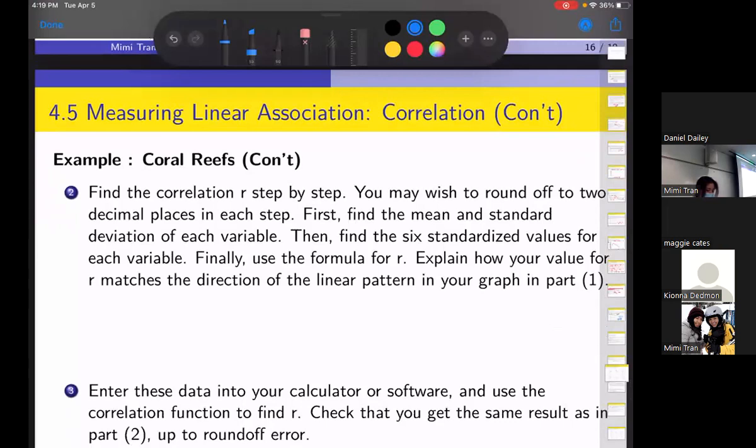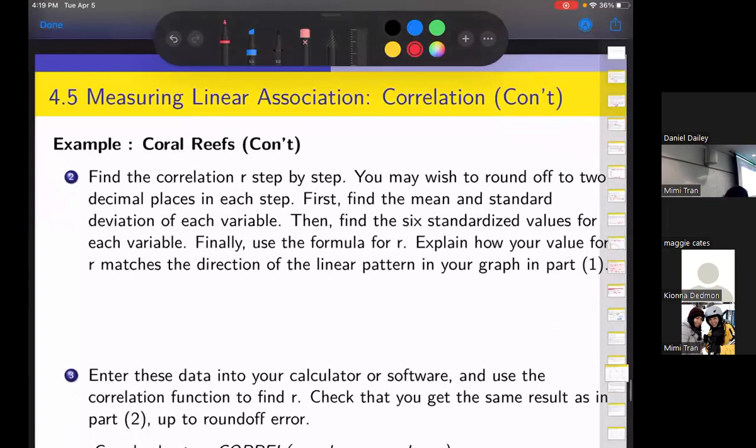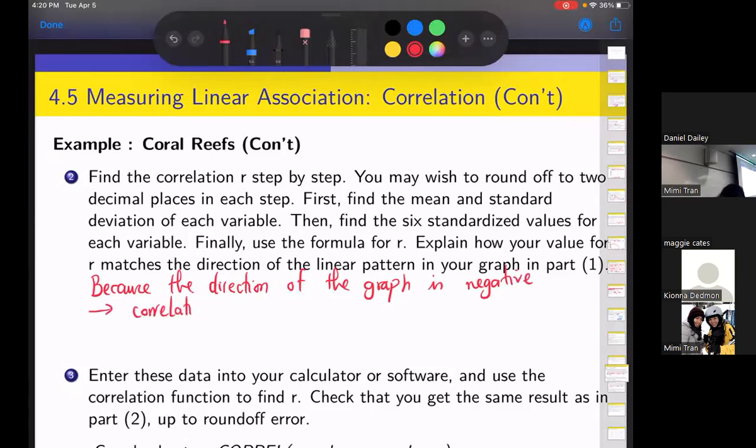Okay, so explain how your value for R matches the direction of the linear pattern. Because the direction of the graph is negative, this implies the correlation coefficient R should be negative as well.